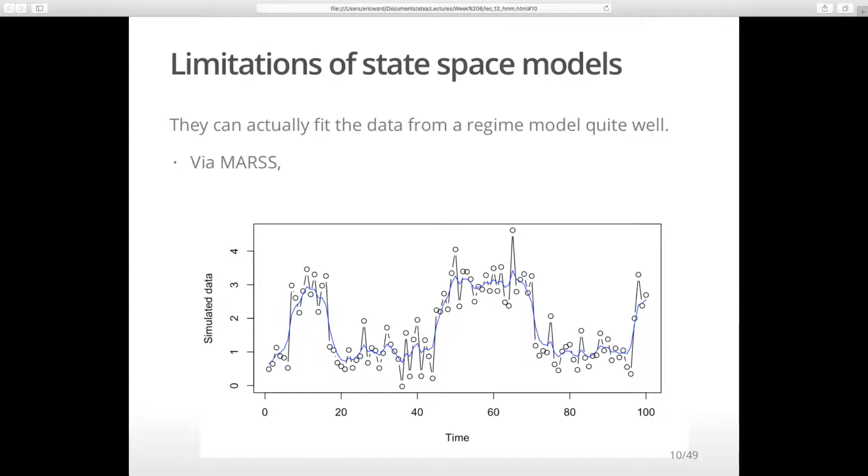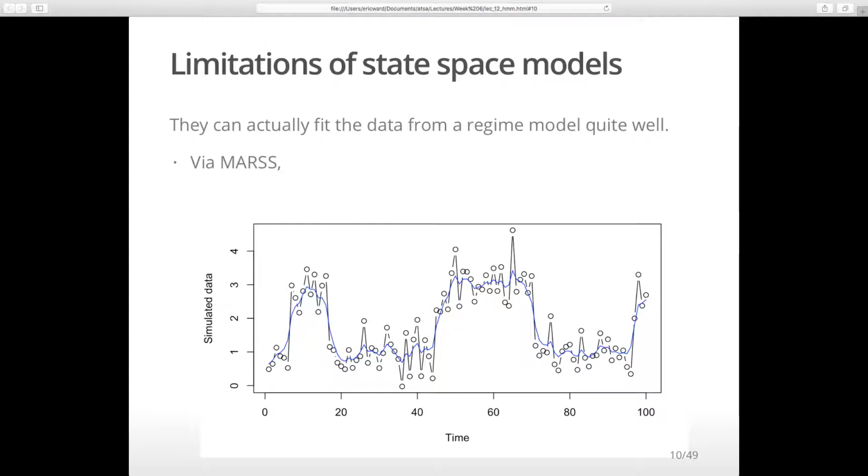The blue line here represents the estimated state of nature using MARSS in a univariate state space setting, where we have an estimated latent process that's assumed to be just a random walk, and then on top of that we have an observation or data model, again just assumed to be normally distributed. And the blue line characterizes the latent state fairly well.